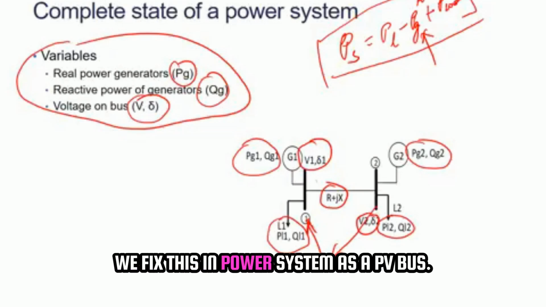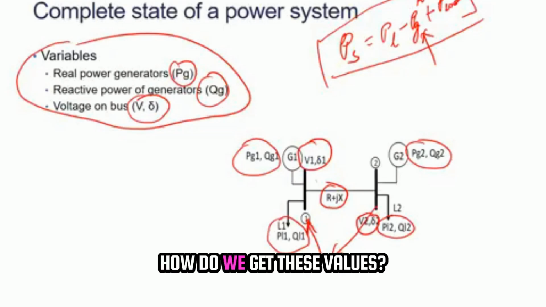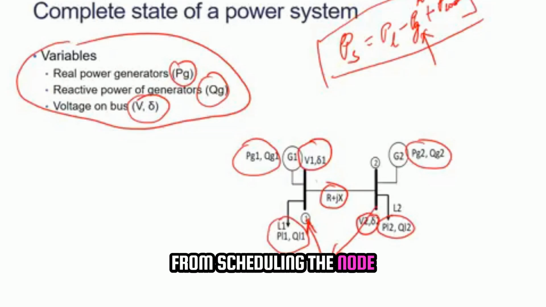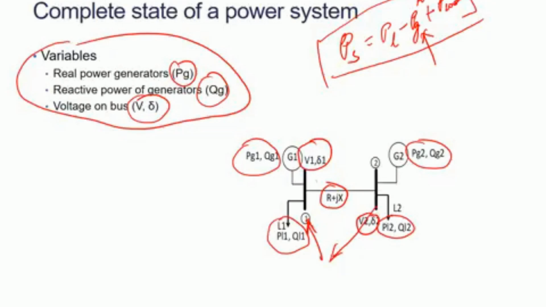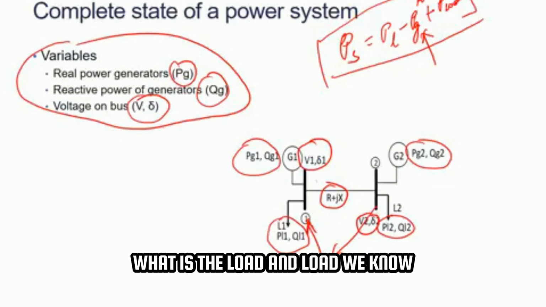We fix this in the power system as a PV bus, but how do we get these values? From scheduling the load. Scheduling the load means, can you be more specific? From the load forecasting, we know what the load is.